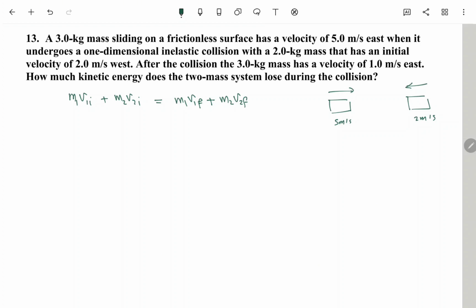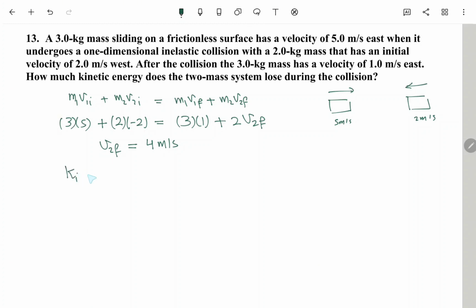Substitute numbers here: 3 times 5 plus 2 times v2 initial, since it's going to the west, it's minus 2, equals 3 times 1 plus 2 v2 final. So from this, v2 final is equal to 4 meters per second.